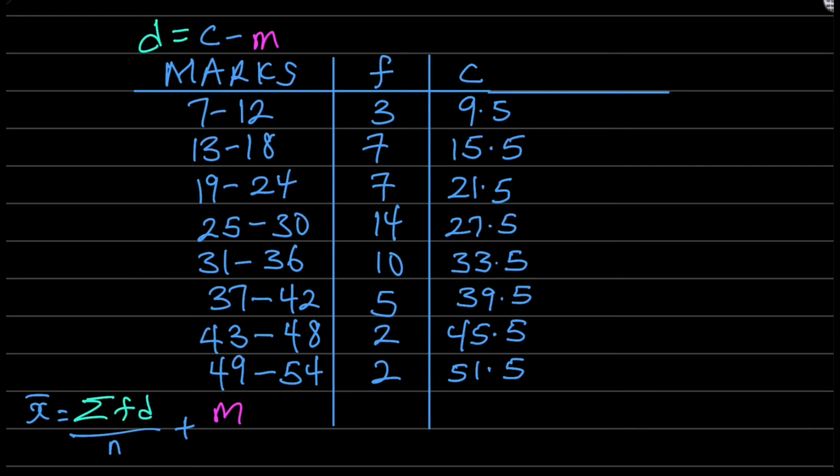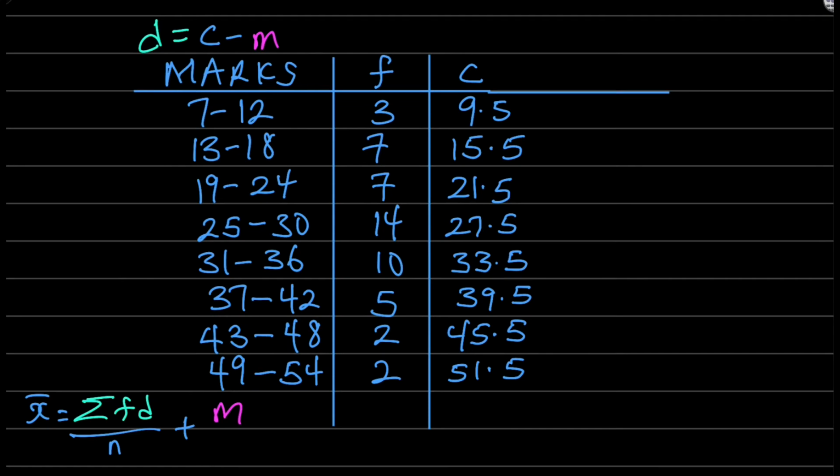All right, moving on. We've completed our C. The goal is actually to compute D, and before you can compute D, you need C and then M. Now that we found C, the next thing is M. What is our M? Like I said earlier, M is your assumed mean.